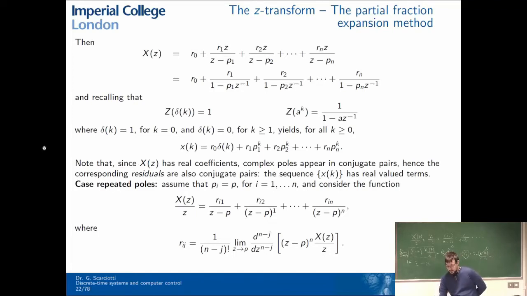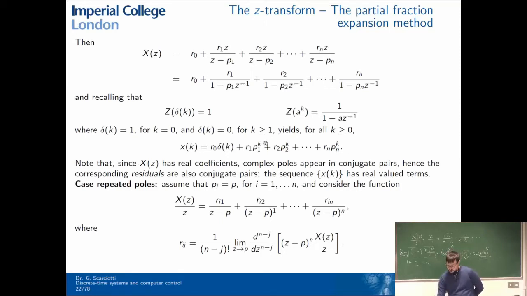And the corresponding residuals will also be conjugate pairs. So this means that you can put together these pairs and get real terms. So if X(z) has real coefficients, x(k) will also have real values, and you always have to obtain a sequence that has real values.